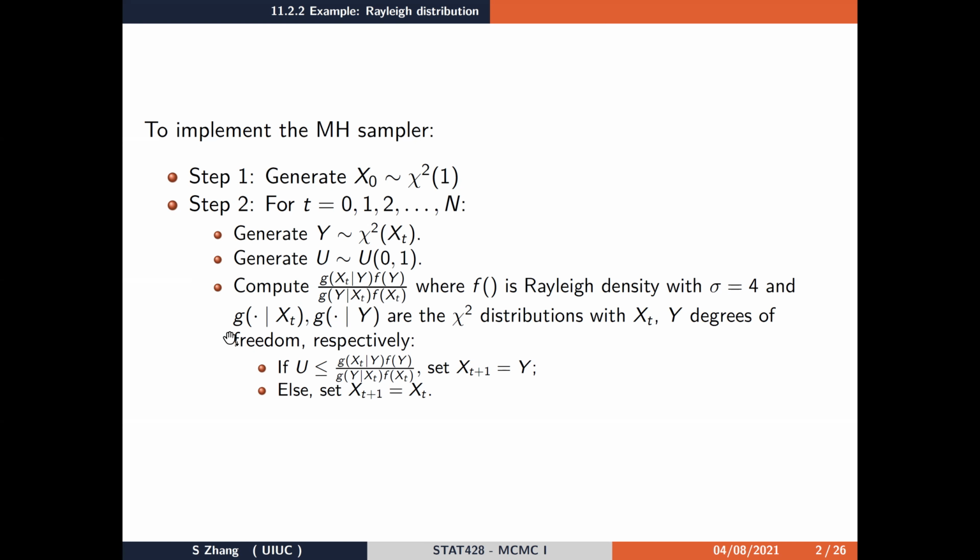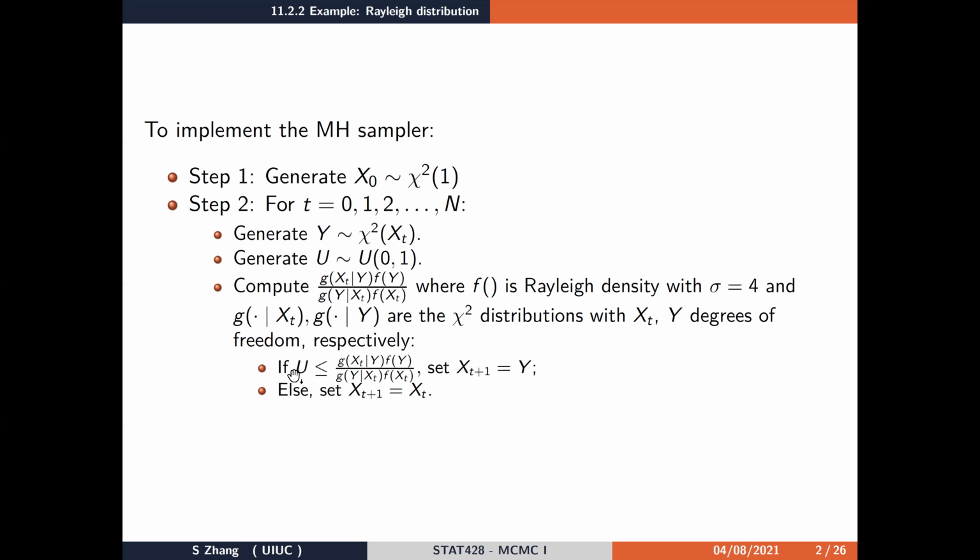And g conditioning on y, which is in the numerator, and g conditioning on xt, which is in the denominator, are the chi-square distribution densities with xt degrees of freedom and y degrees of freedom, respectively.